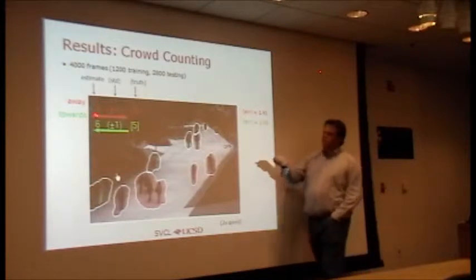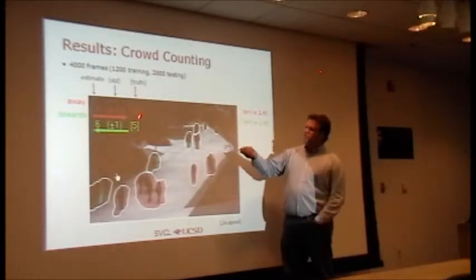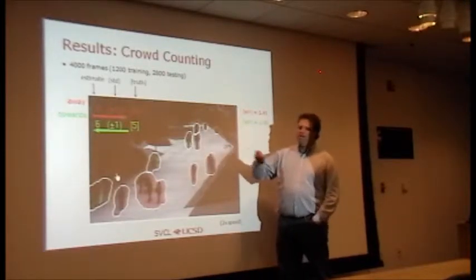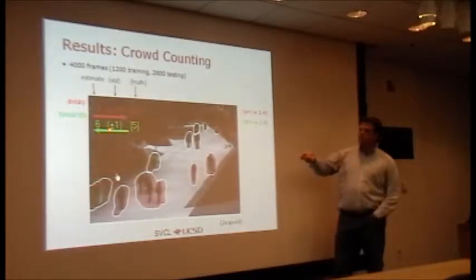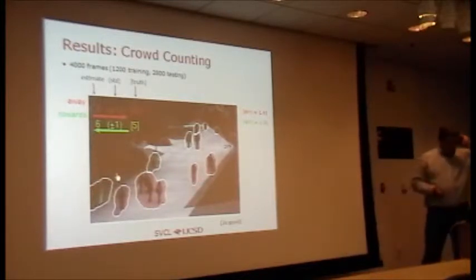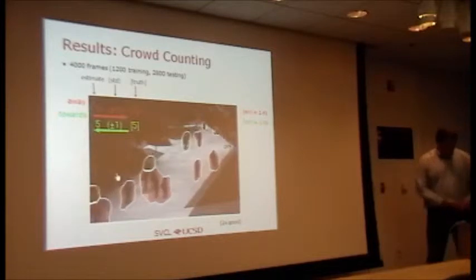This is the estimate produced by the system. This is the ground truth. Because this is a Bayesian method for estimation, we also get a standard deviation for the estimate produced by the system. Okay, so this is what it looks like.